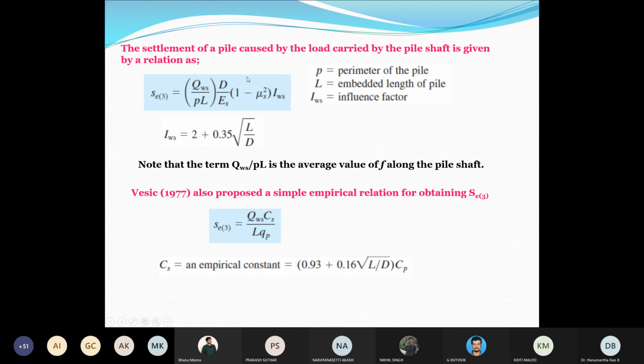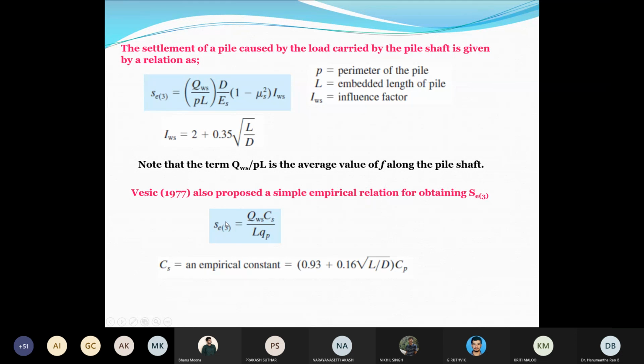However, they are related with the strain influence factors. For example, here IWS is the influence factor, which gives how much of the load gets transmitted to the pile shaft or the pile tip. Some empirical correlations are also available, so they can also be used to determine the pile load.